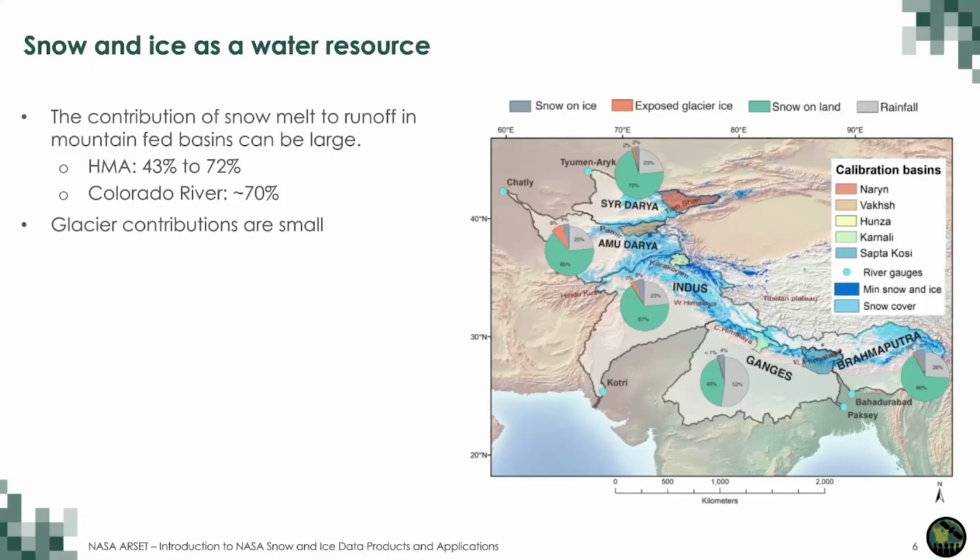If we look elsewhere in the Earth, the Colorado River, for example, in the western United States, 70% of that runoff is provided by snowmelt. So snow and to some extent ice in some cases is really important as a water resource and as a contribution to runoff.